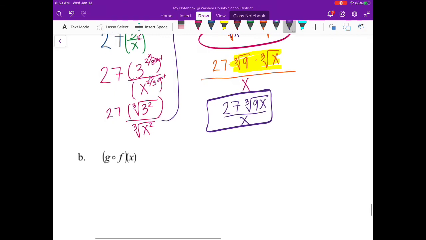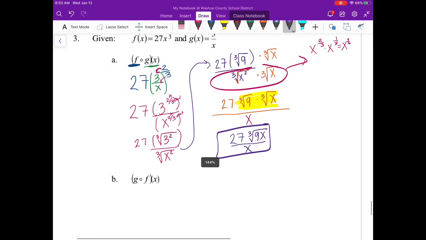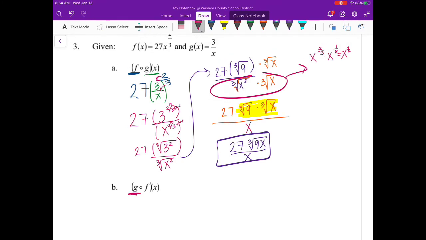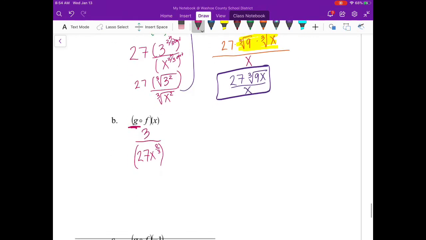Now we're going to do the g of f of x. So opposite way, we're going to keep g, which in this case is 3 over x, and my x becomes the f of x function. So 27x to the 2/3. So same process. I'm going to simplify this a little bit.